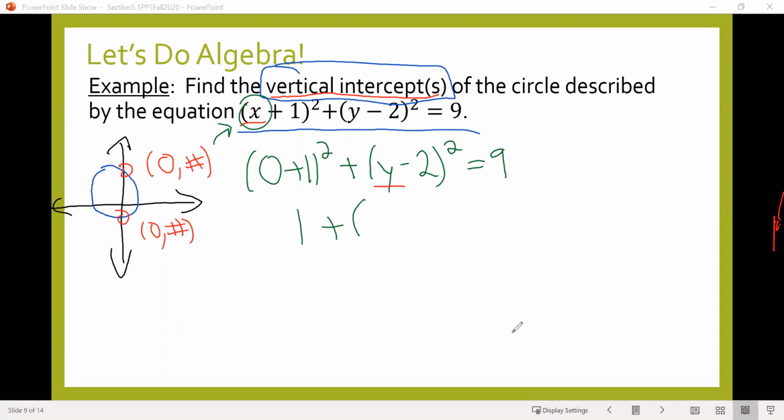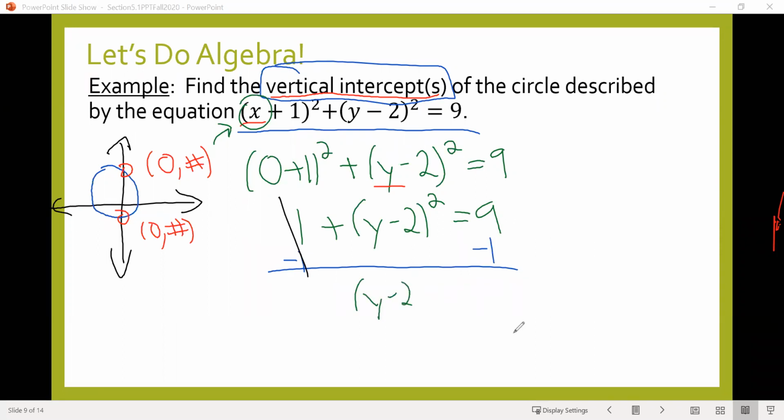Plus, for right now, I'm going to leave this as (y − 2)² = 9. You can start solving for y by subtracting 1 on both sides. These will cancel. So we'll now have (y − 2)² = 8.